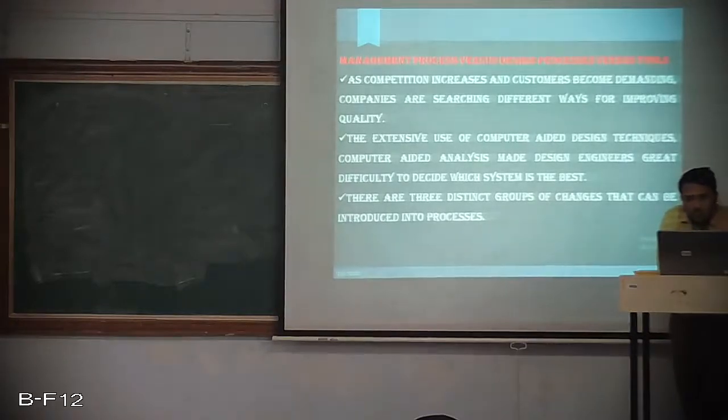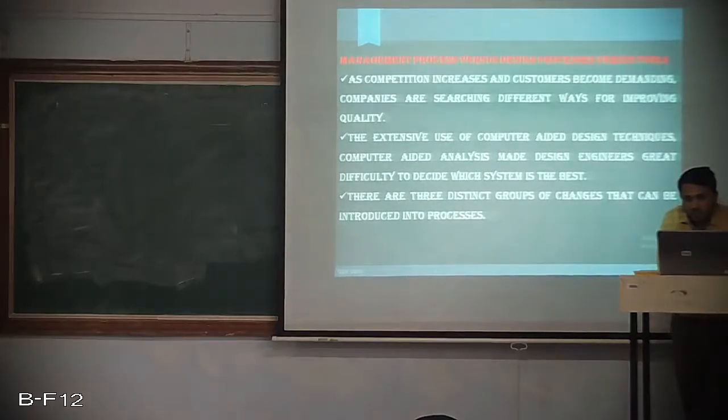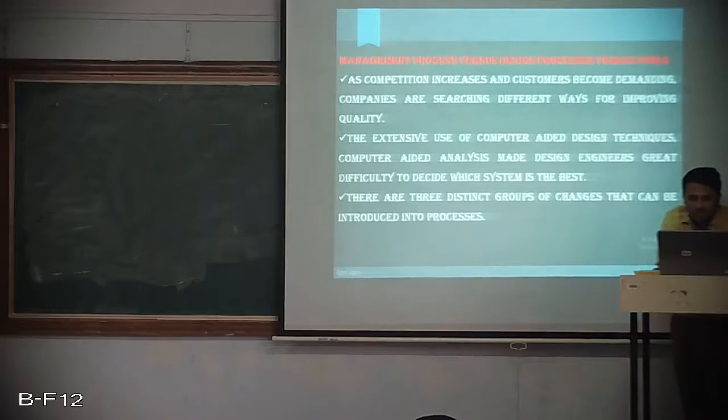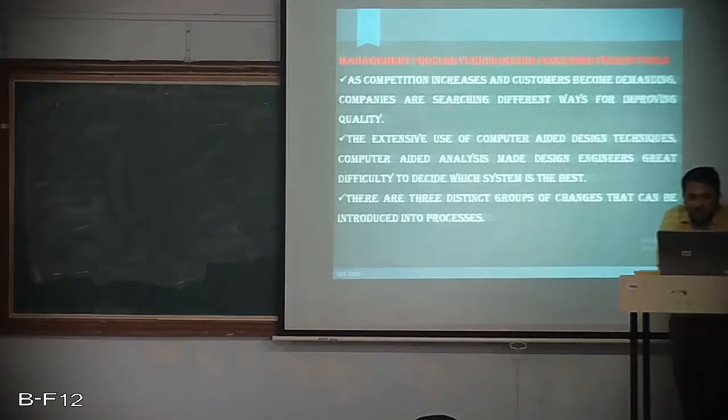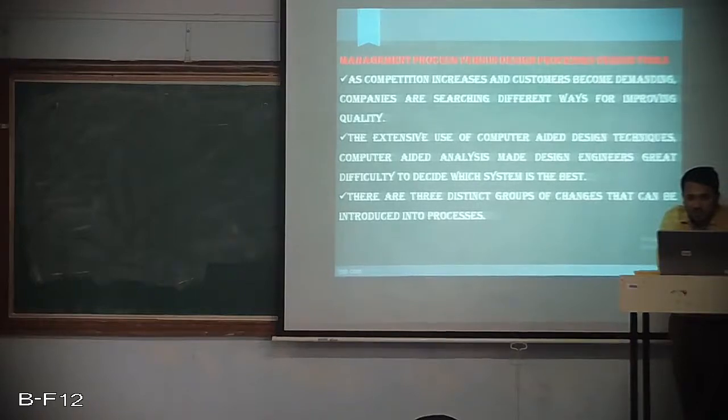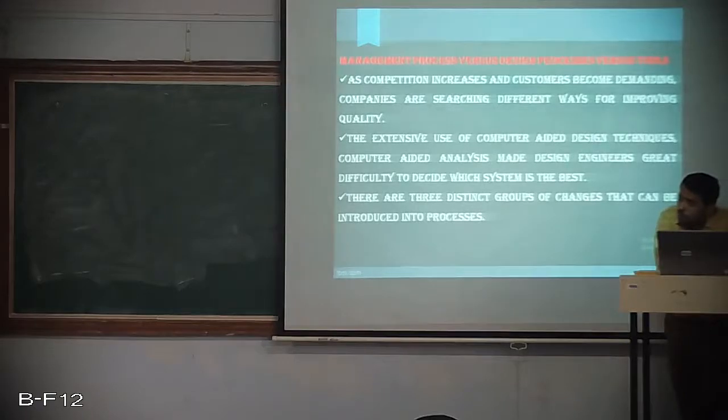The extensive use of computer-aided design techniques and computer-aided analysis has made it very difficult for design engineers to decide which system is best. If you look, there are a whole lot of systems.